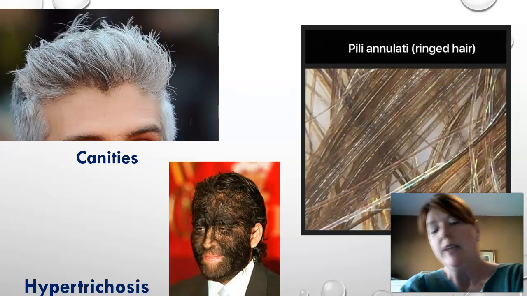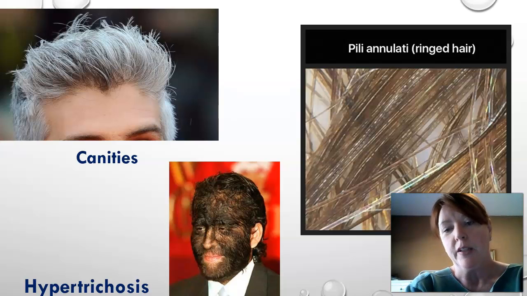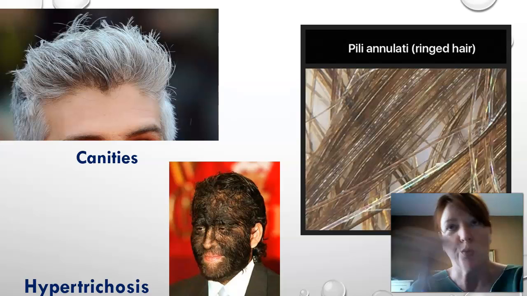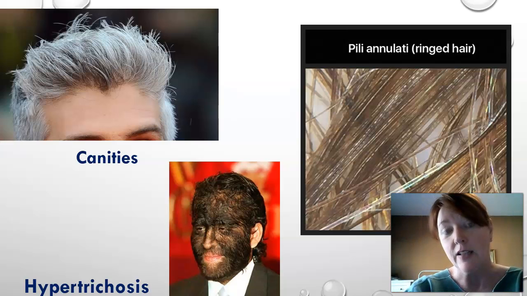And then the ringed hair, as you can see if you look closely, some of those strands of hair have gray and dark in them, and that's called ringed hair, where the actual shaft hasn't gone all gray or stayed its natural color.